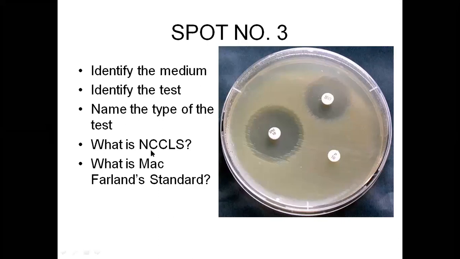So NCCLS means the National Committee for the Control of Laboratory Standards. So the compositions of the agar, the types of the agar, the antibiotics used for certain bacteria, and the halo around the disc, all the standards used around the world are from this NCCLS.